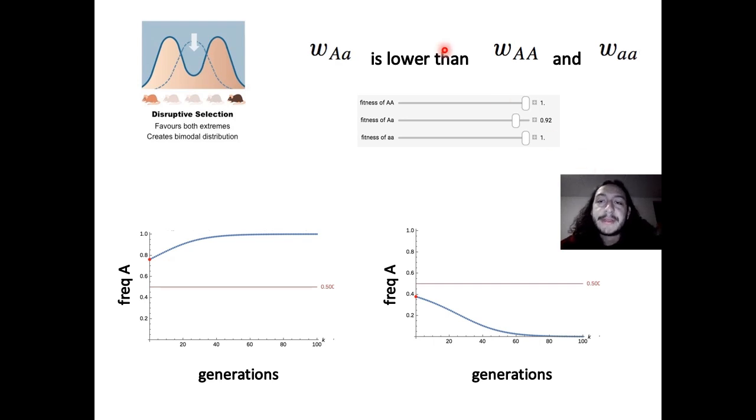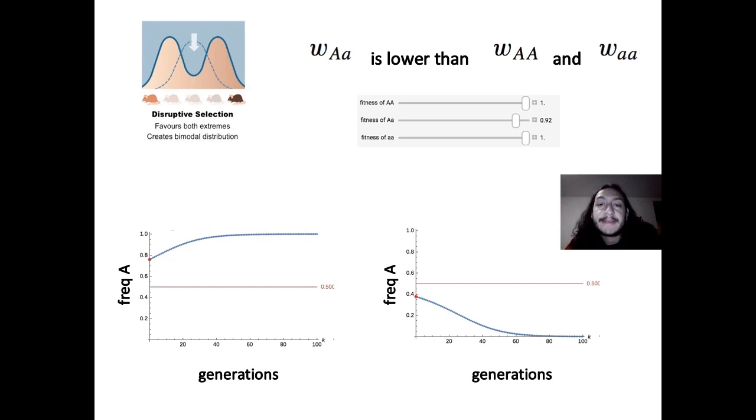So these homozygote genotypes can then, for example, correspond to either phenotype in the population that is in the extremes of the distribution. And then we're going to see that, for example, if the frequency of big A is over 0.5, this allele is going to actually go to fixation, whereas if it is lower than 0.5, this allele might actually go extinct, because then we're going to have little a being the fittest allele in this type of population.